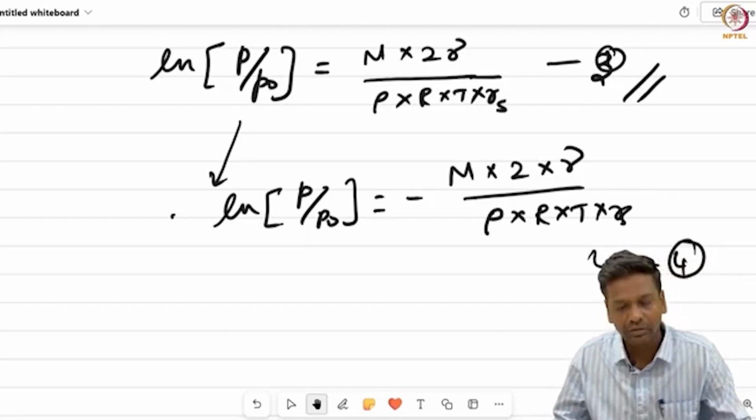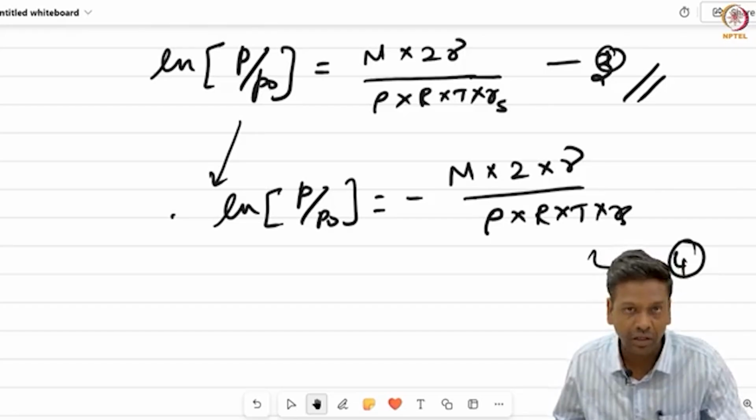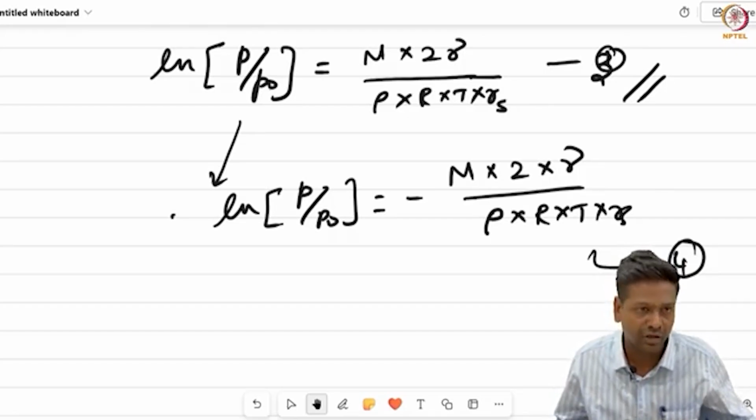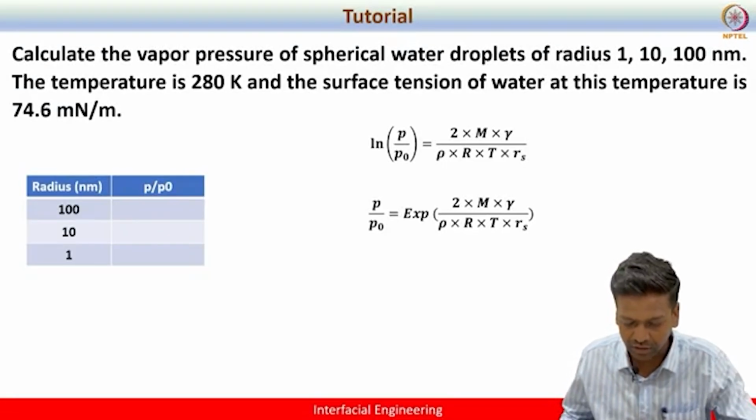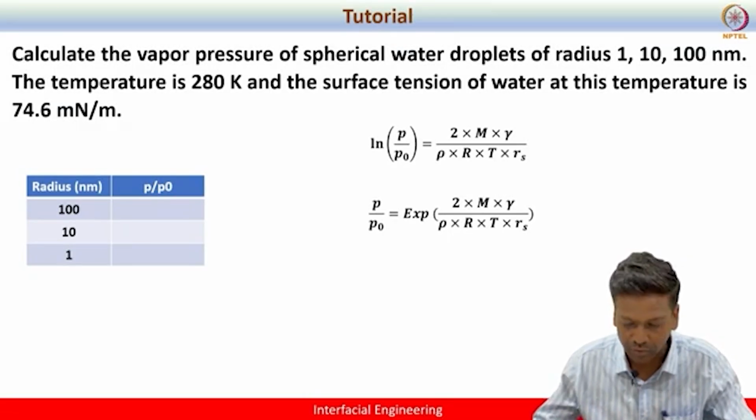Okay. Now what we can do is stop here, and move on to the tutorial part. We have a couple of exercises. We can look at them one by one.